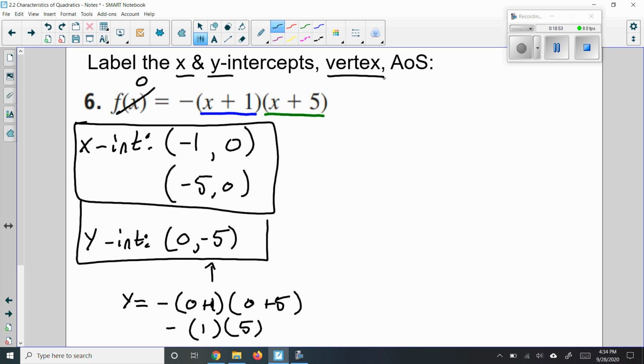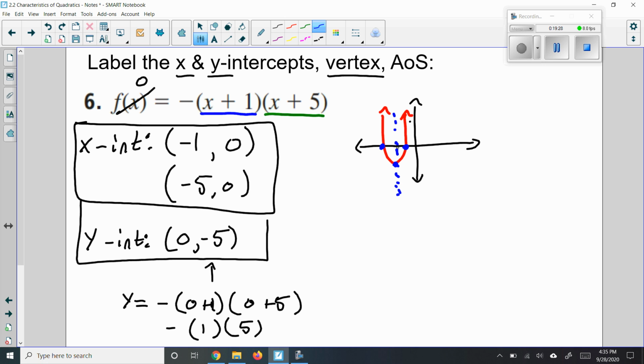Now we need to find the vertex. To find the vertex, that is the middle between negative 1 and negative 5. If I have a quadratic that looks like this, okay, here is an x-intercept, here is an x-intercept, and the vertex is right in between them. Because remember, it is symmetric.